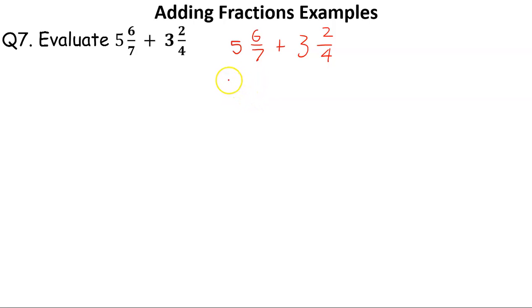The way that we do that, I'm just going to put the extra step in. I would multiply my whole number by my denominator plus the numerator, all over 7. Same thing here, my whole number multiplied by my denominator plus my original numerator, and all that's going to be over 4.